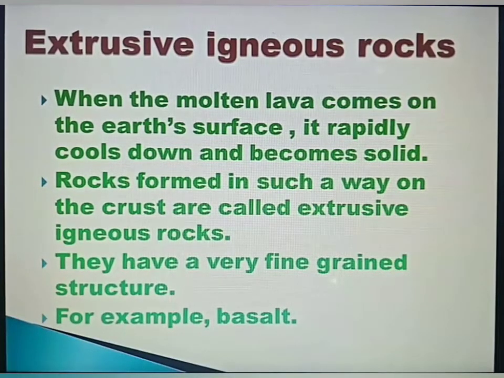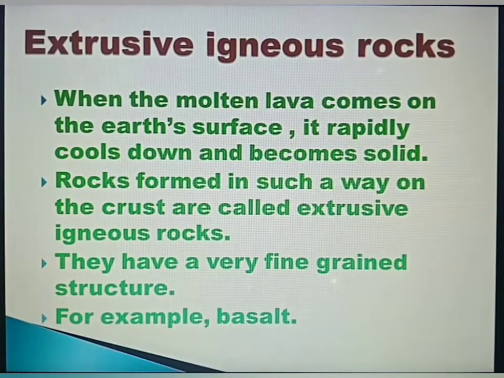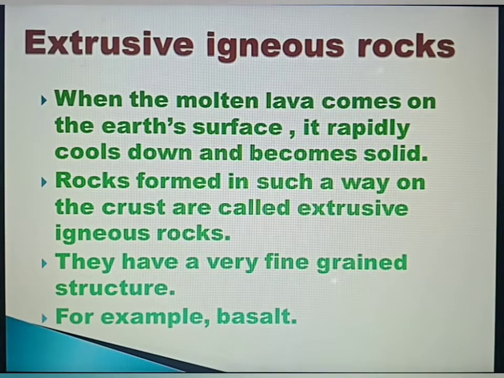How are extrusive igneous rocks formed? In the last session, you watched a video about how the volcano erupts. Can you just imagine lava coming out from the volcanoes? Lava is actually a fiery red molten magma coming out from the interior of the earth onto its surface.